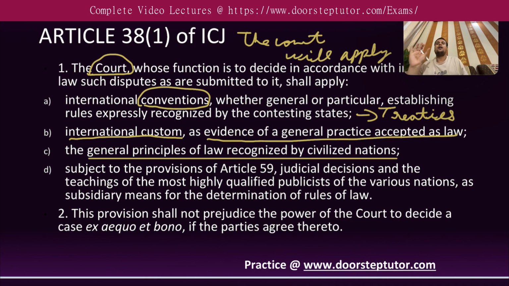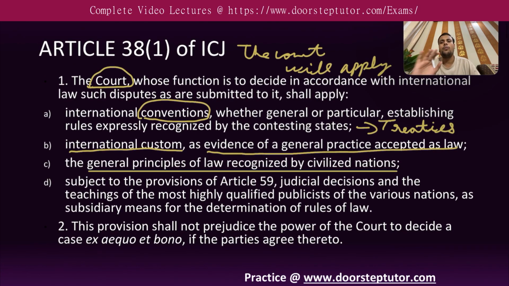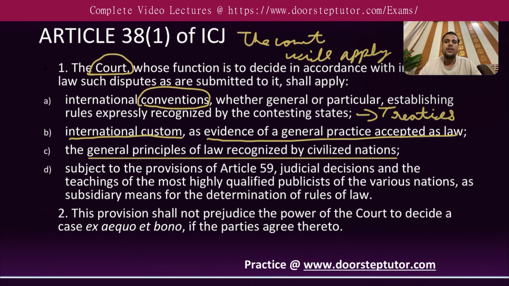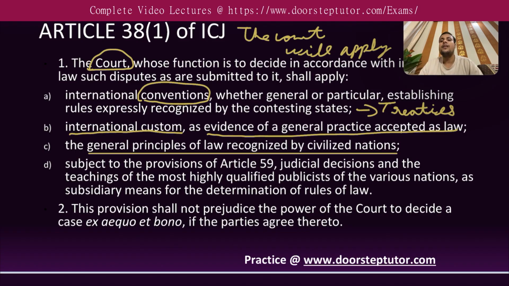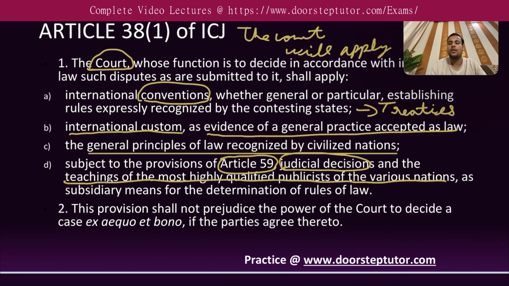The depth which you will get will suit you for almost every examination which deals with international law. Then comes the fourth source, which is subject to the provisions of Article 59.